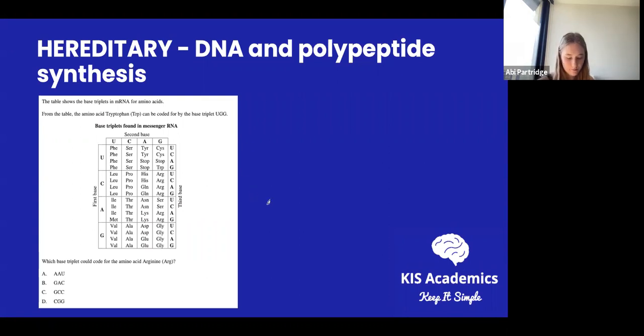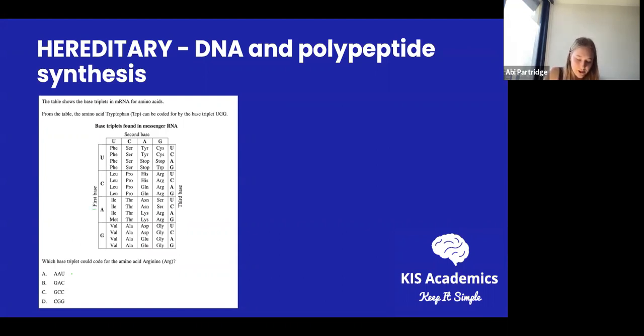What you've got to do is go through each of the sections. You just have to go through all of the multiple choice answers because there could be multiple things that arginine could be, not just in A, B, C, D. So we'll start with A. We've got AAU.